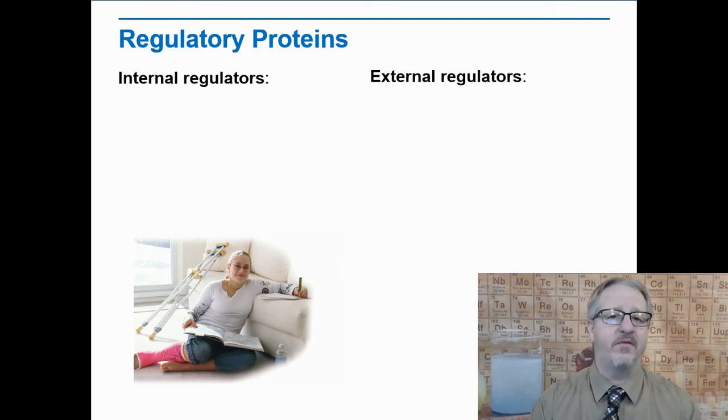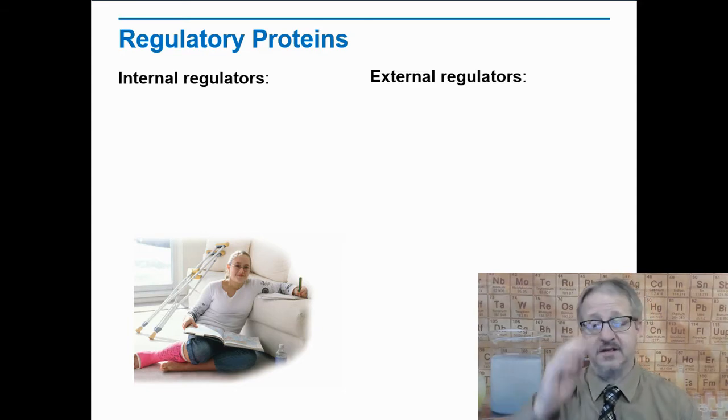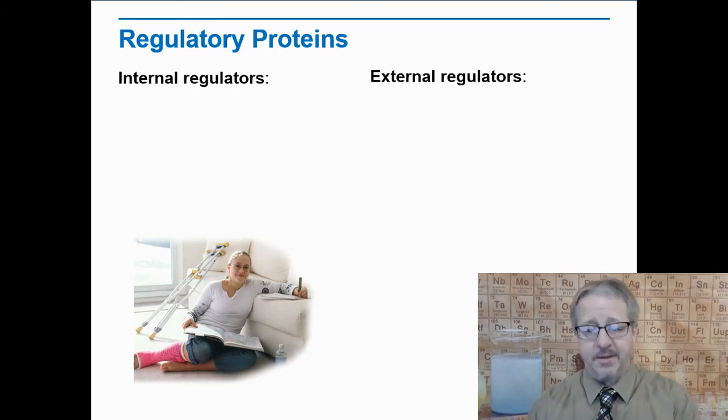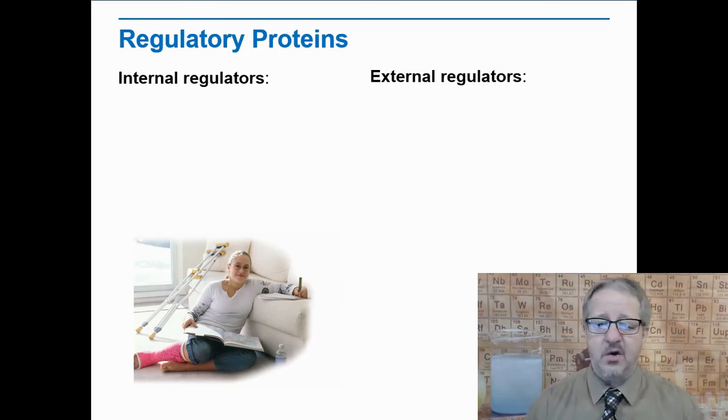All right, so scientists, as I said before, have found a number of other proteins that help regulate the cell cycle as well. The cell cycle is controlled by lots of different regulatory proteins. Some of them are inside the cell, and some of them are outside of the cell. So the internal regulatory proteins respond to events inside of the cell, and they let the cell cycle proceed only when certain steps have already been completed.